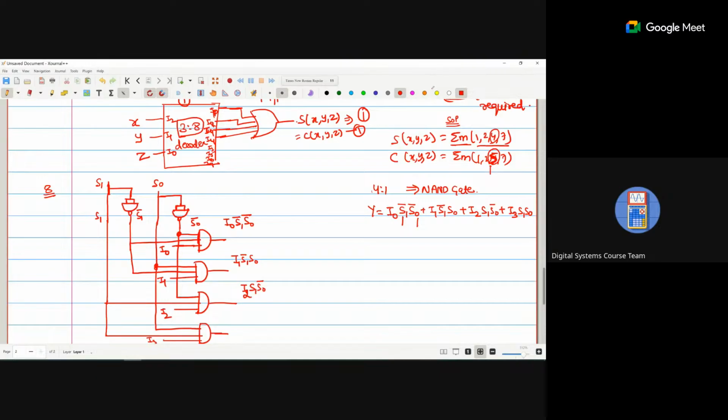Last is the S1, which I am taking here. And here we are using the OR gate.